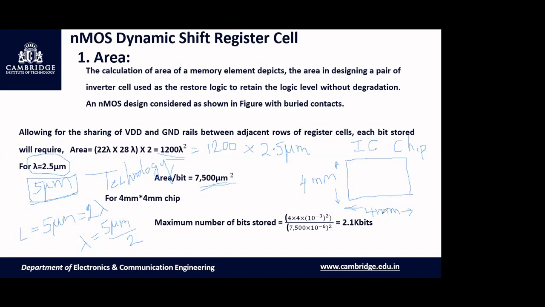In this, I'm asking you to find how many bits can be stored. Understood? For 1 bit, how much area is required?